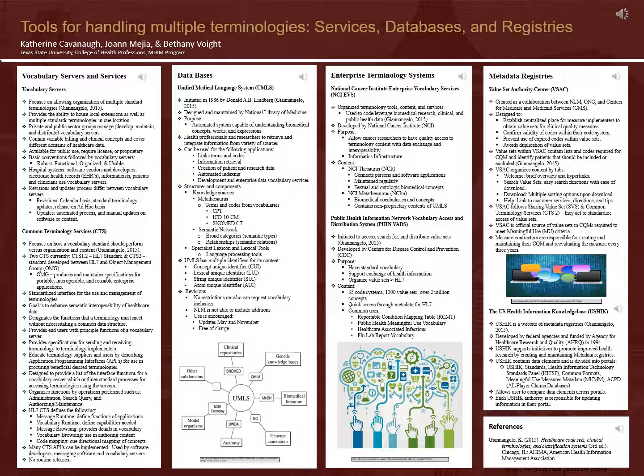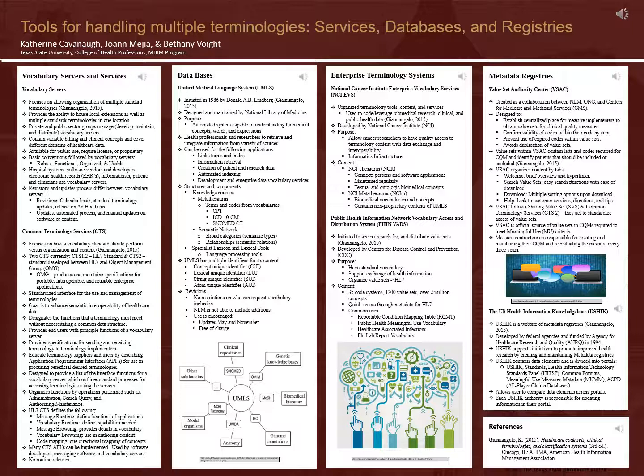To do so, it designates the functions that a terminology must meet without necessitating a common data structure, and provides end users with principal functions of a vocabulary. It also provides specifications for sending and receiving terminology to terminology implementers.